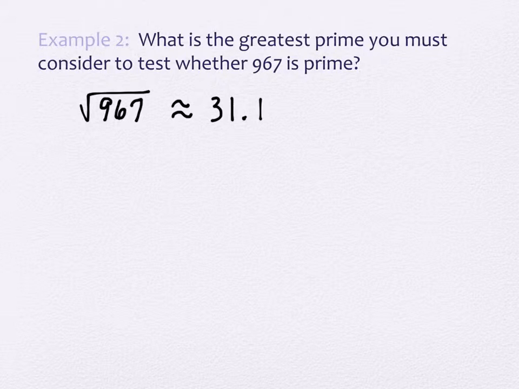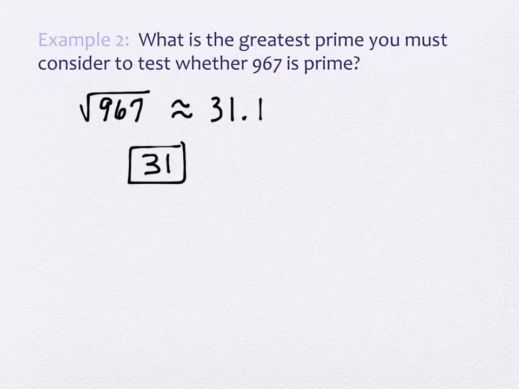So what would be the answer to the question based on this work? What do you think? It would be 31. Now, it's not because 31.1 rounds down to 31. Not exactly, anyway. Why would it be 31?